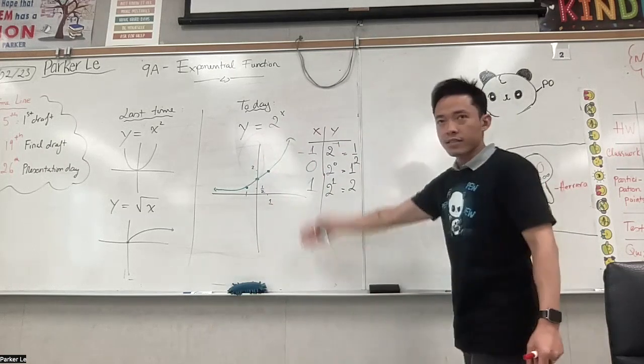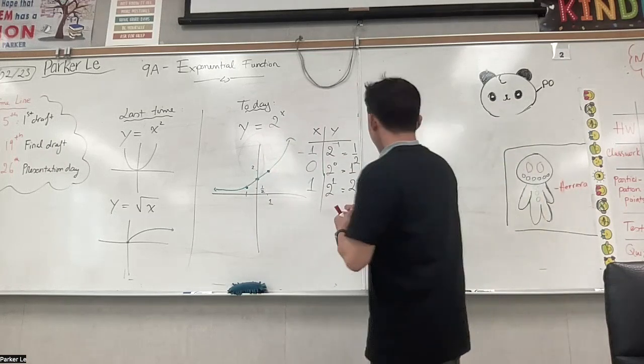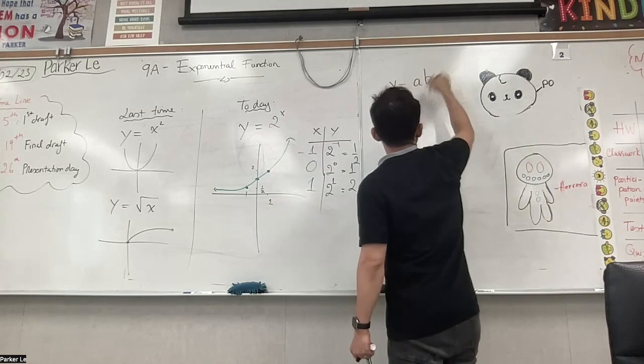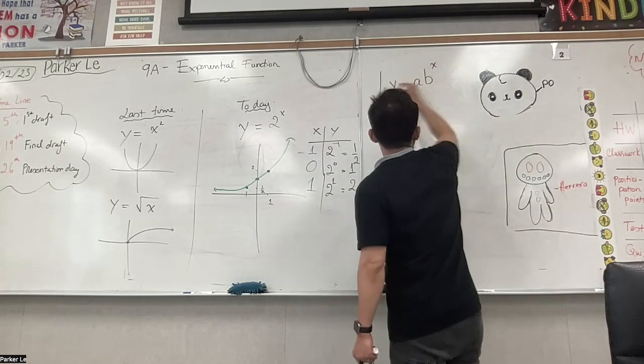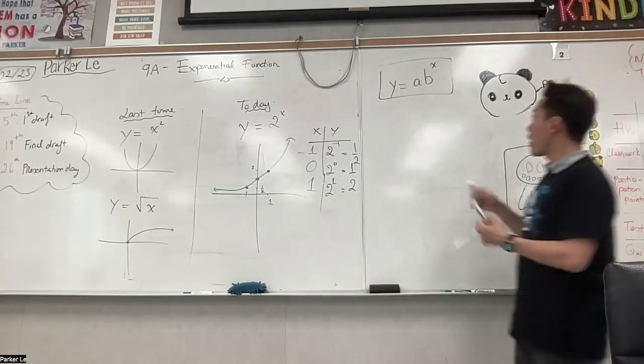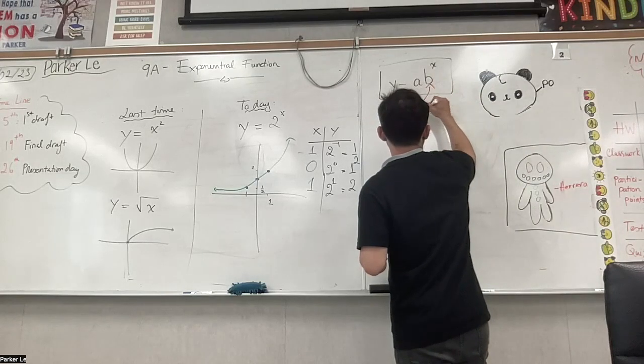So this is a sample of what an exponential function is gonna look like. So in general, it's gonna be like this: y equal to ab to the x. This is the general form of an exponential function, where b is the growth factor.